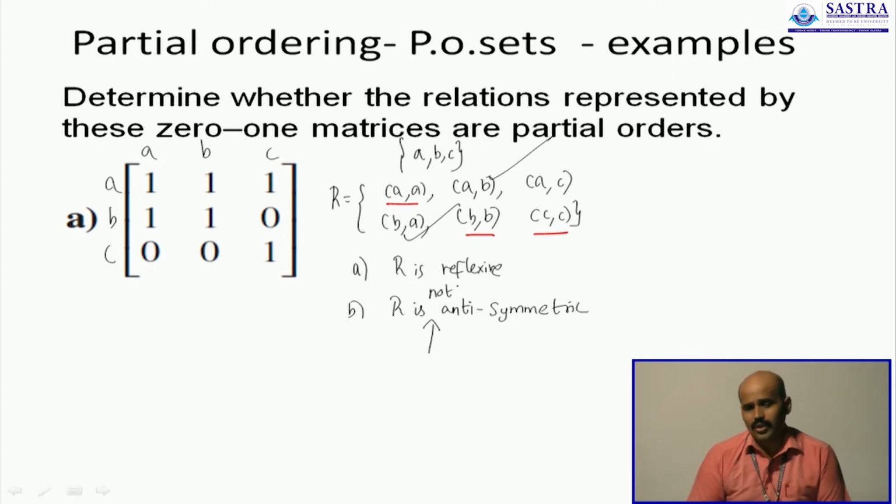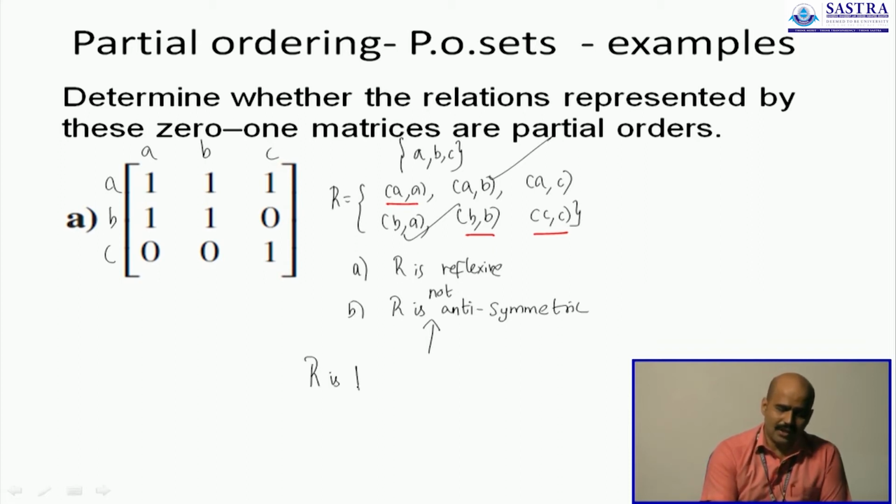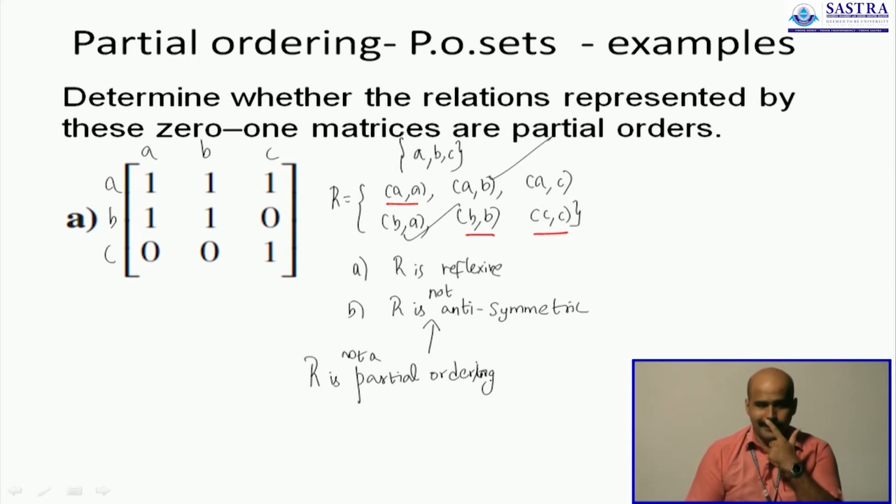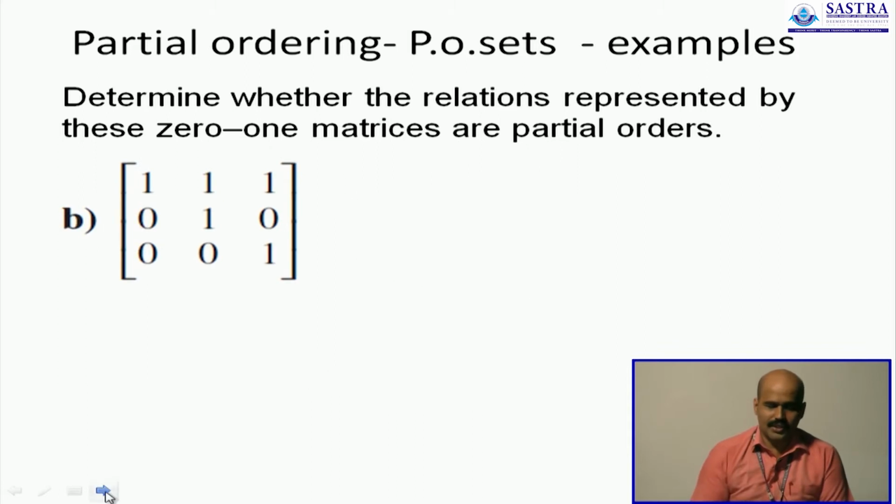You don't have to worry about the transitive nature. You can directly claim that R is not a partial ordering, because it fails the second condition. It is only reflexive. It happens to be not antisymmetric. Therefore we can skip that.